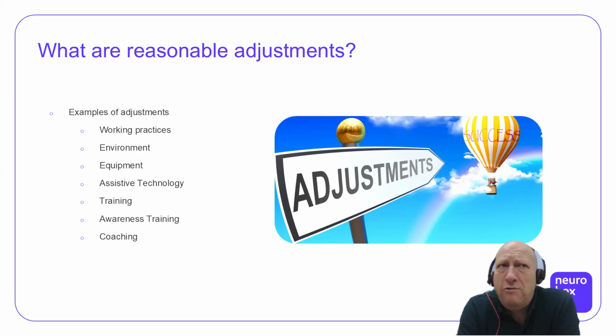Coaching is another really important area as well. Okay, so coaching in this context as an adjustment would be where the employee spends time with a qualified coach who is also an expert in neurodiversity.